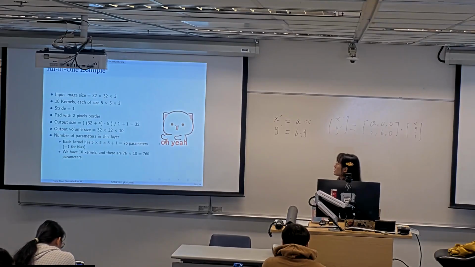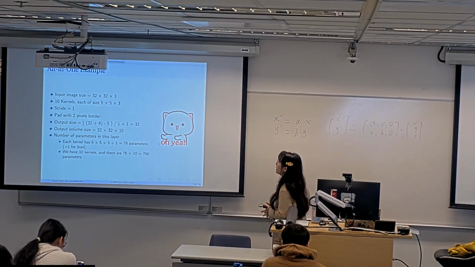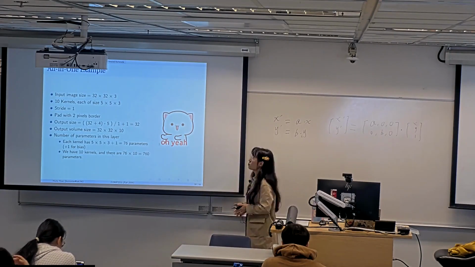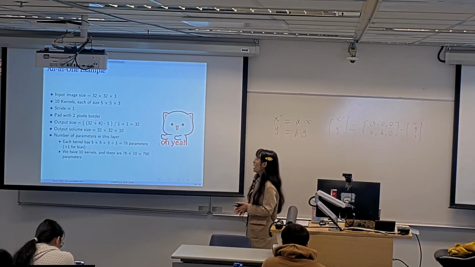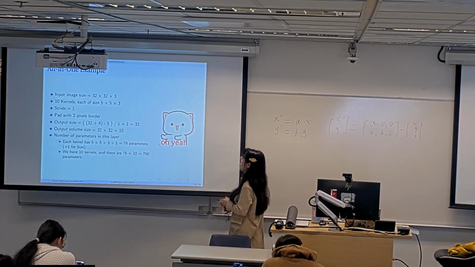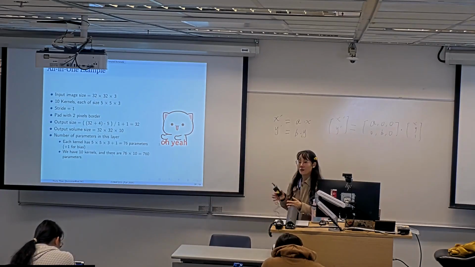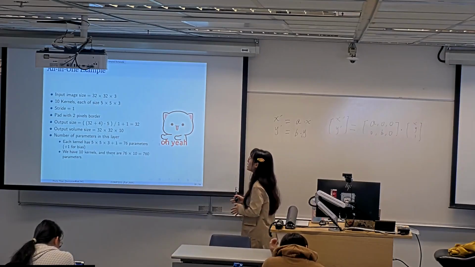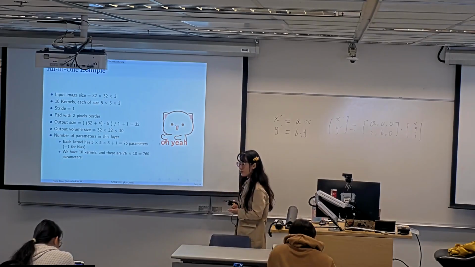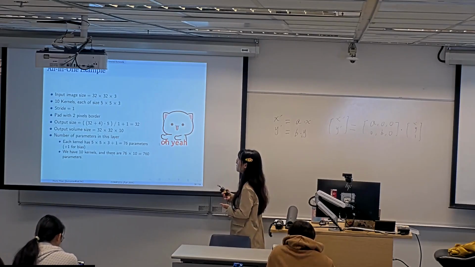So let's look at an all-in-one example. If our input image size is 32 by 32 with 3 channels, and we apply 10 kernels, each of the size 5 by 5 with a depth 3, suppose the stride is 1, and suppose we pad with a 2 pixel border.